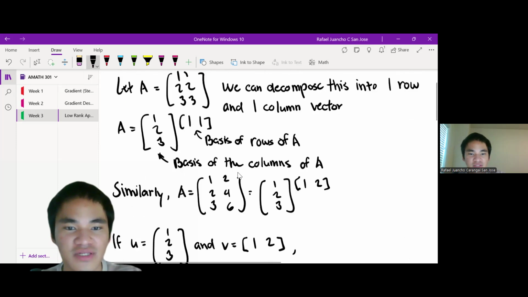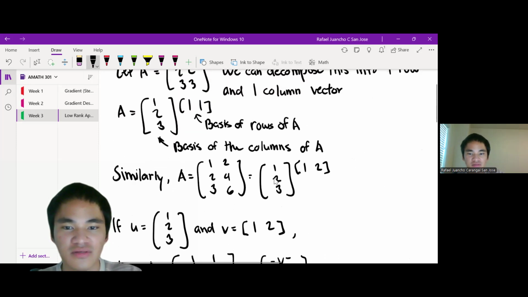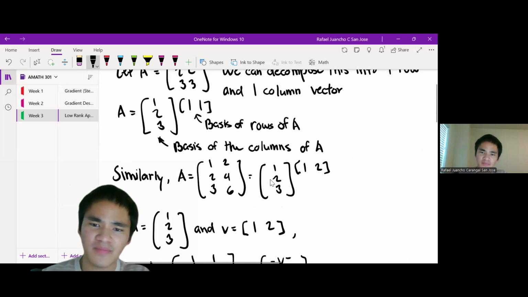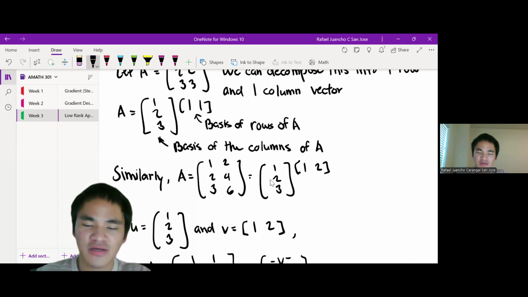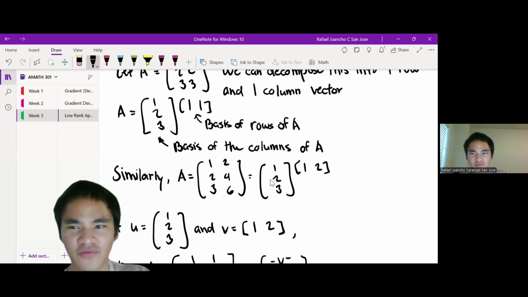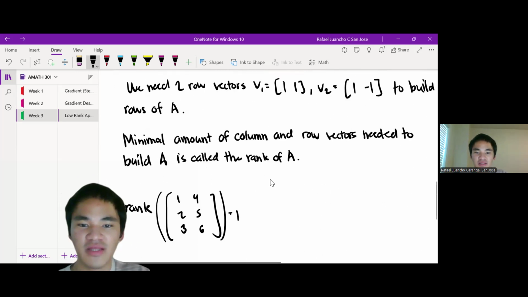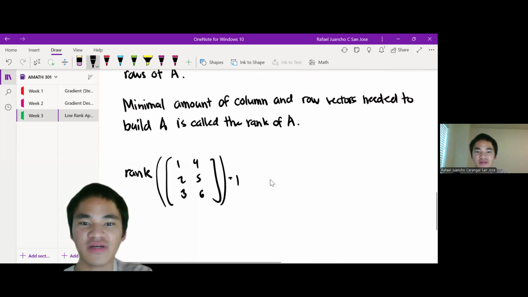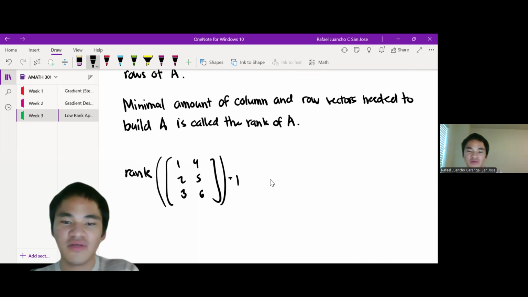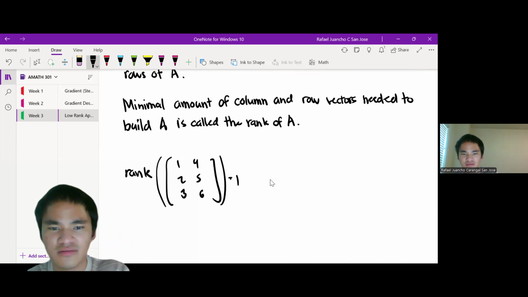Well, we did it previously, right about here. How many column vectors do we have? We have 1. How many row vectors do we have? We have 1. And so my rank here is the minimal of column and row vectors needed. So the minimal is 1, right?